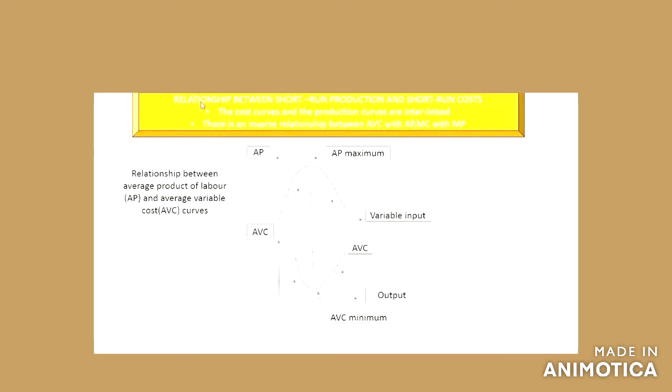So next we move to the relationship between short run production and short run cost. The cost curve and the production curve are interlinked. There is an inverse relationship between AVC and AP, and MC and MP. So this is the relationship between the average product of labor and the average variable cost curve.